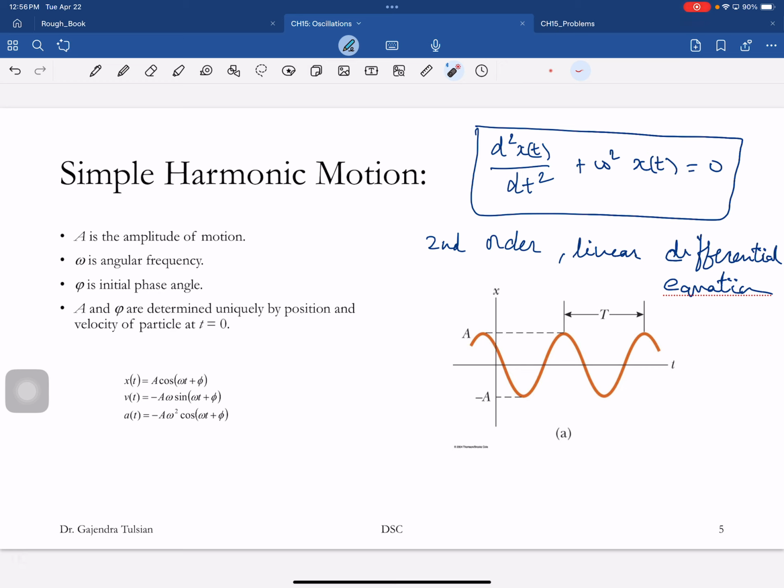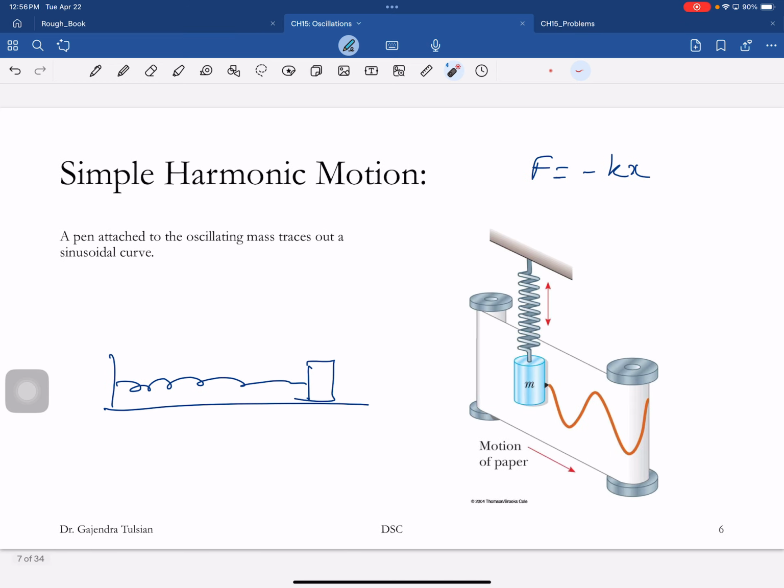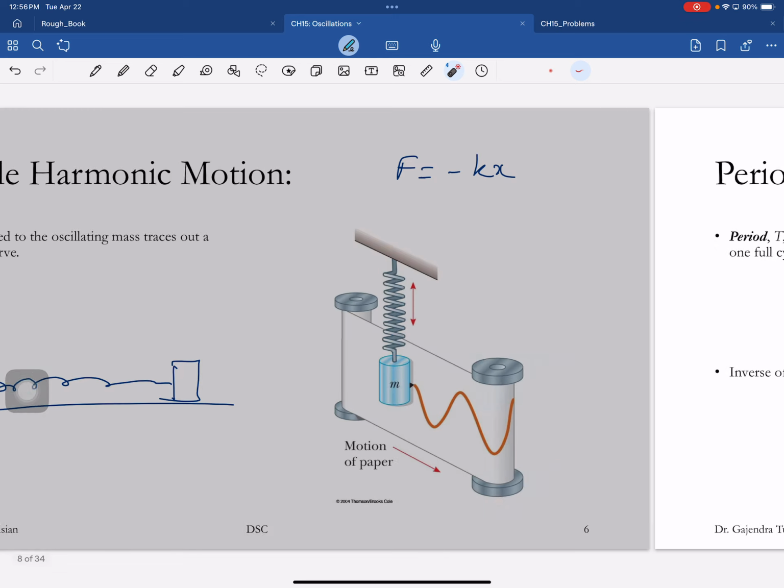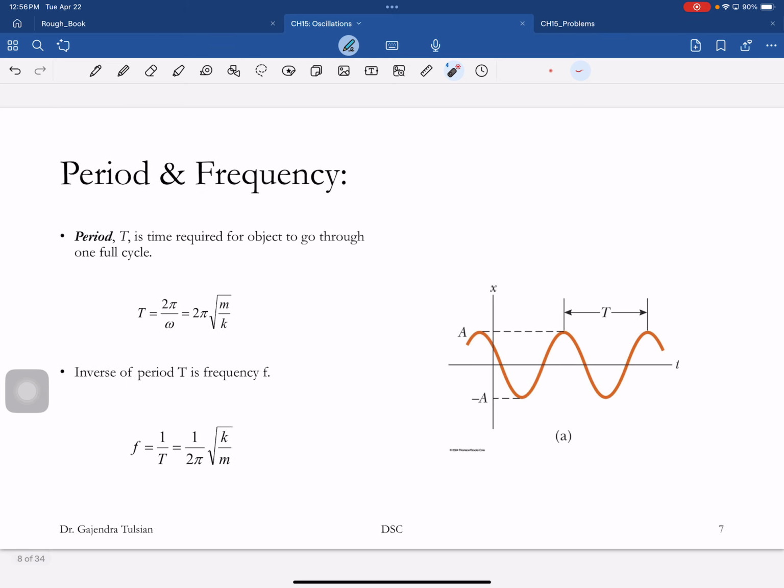All right, coming back to our simple harmonic motion, there is the solution, the velocity, and the acceleration. This did illustrate that the real world system behaved as predicted. There is the period. What is the period again? The time for one full oscillation.